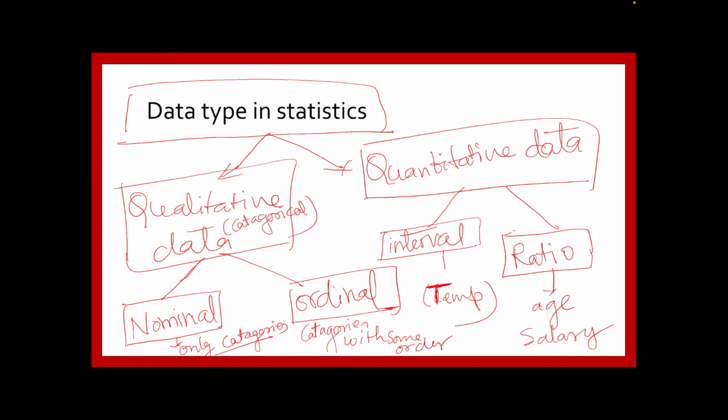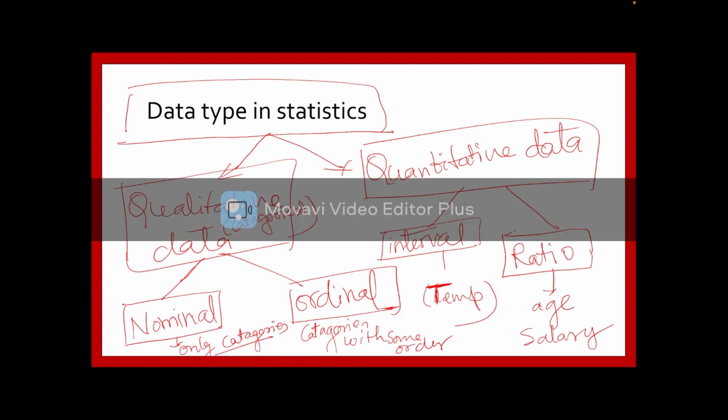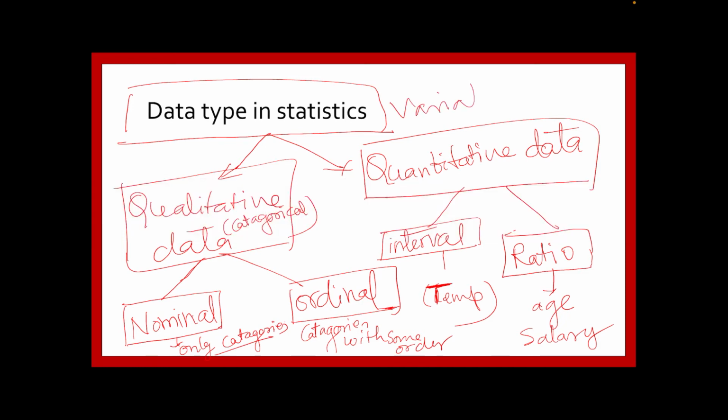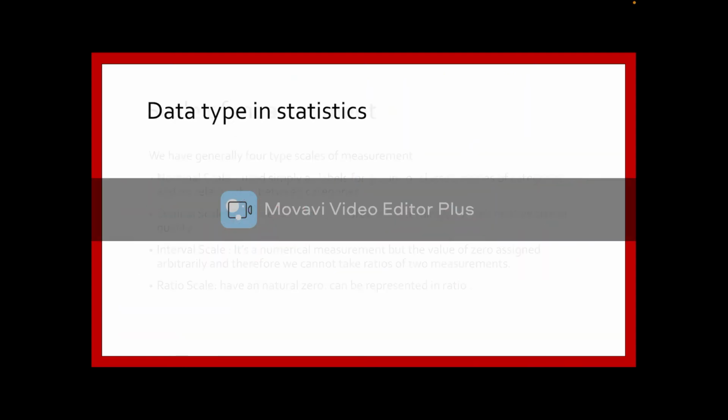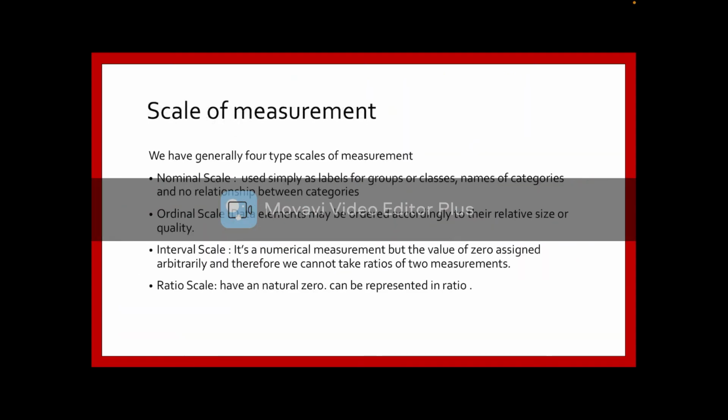Okay, so this is how the distribution of data in statistics generally happens. This is the variable data type in statistics. And what are my variables in terms of statistical analysis? All those column heads. Now for scale of measurement, come to this slide.